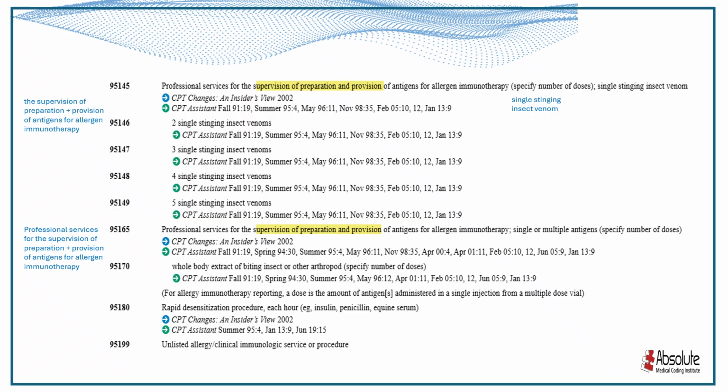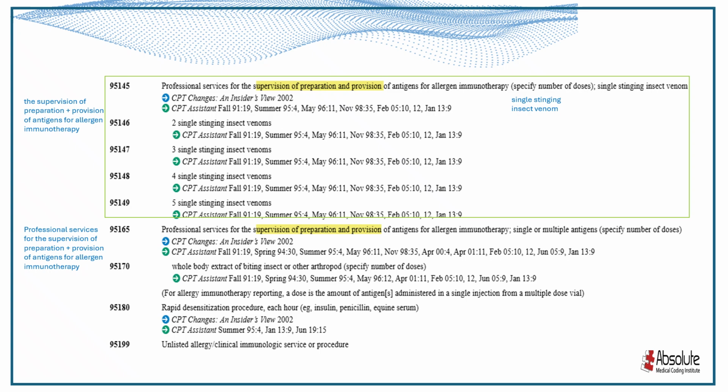Okay, so 95145 is used for supervision of preparation and provision of antigen for allergen immunotherapy, single stinging insect venom. And 95146 is for two single stinging insect venoms. And it goes on till 95149, which is for five single stinging insect venoms.